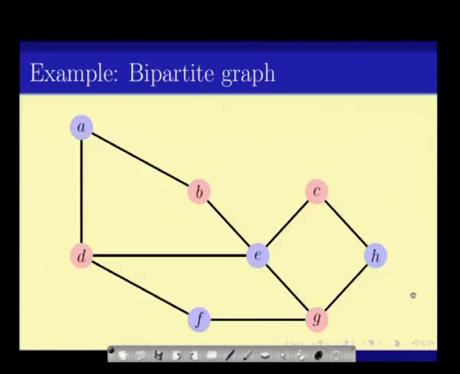How? Here I have colored this graph into two colors. You can think of the blue color going to A and the red color going to B, and note that there exist only edges between vertices of blue color and vertices of red color, and there is no edge between two vertices of blue color or two vertices of red color.